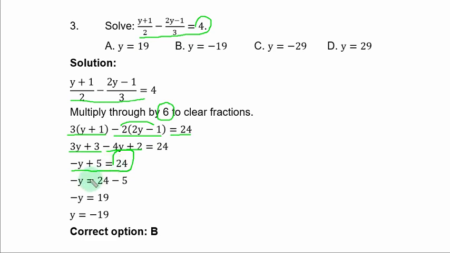If you collect like terms, minus y is equal to 24 minus 5, minus y is equal to 19. To get y, multiply through by minus 1. So y is equal to minus 19. B is the correct option.